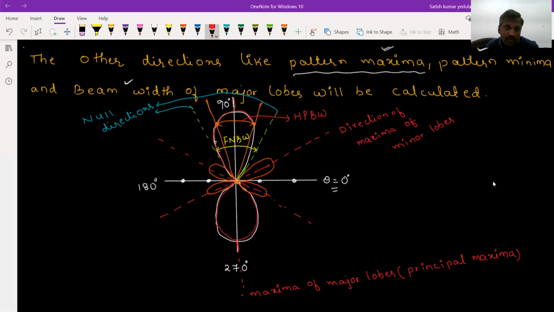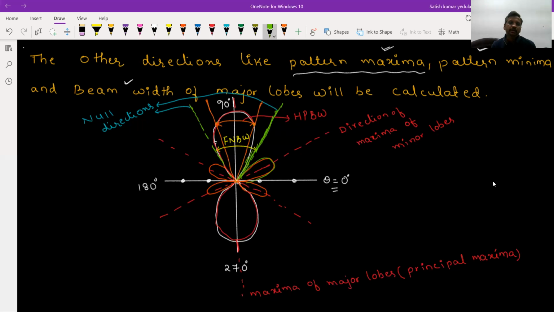Now, if you observe these green lines, this green line, which is immediately adjacent to the major lobe, these are the first adjacent lines to the major lobes, in which this line is in between the major lobe and these minor lobes.